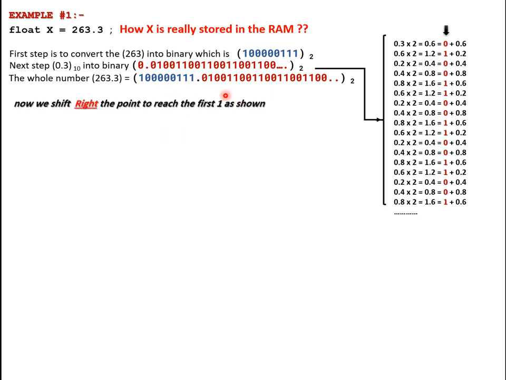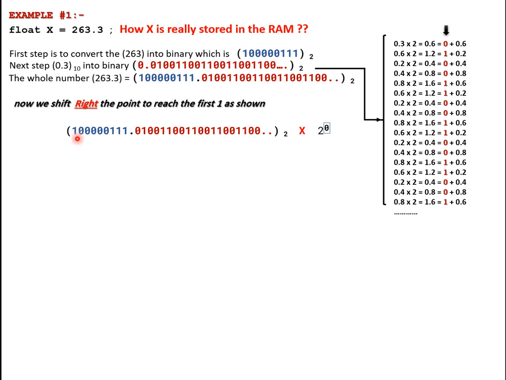We have to convert this to scientific form. We already checked together what we mean by scientific form. In this case, as you know, this number times 2 to the power 0. Now, if you want to convert it to scientific form, you have to move this point. How many places? Let's see. 1, 2, 3, 4, 5, 6, 7, 8.